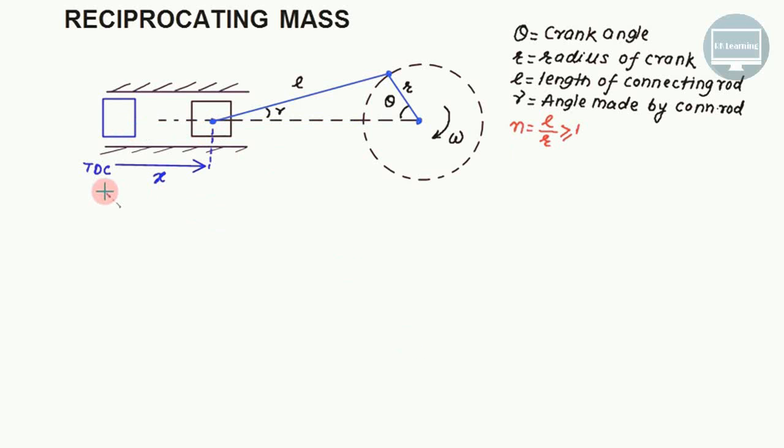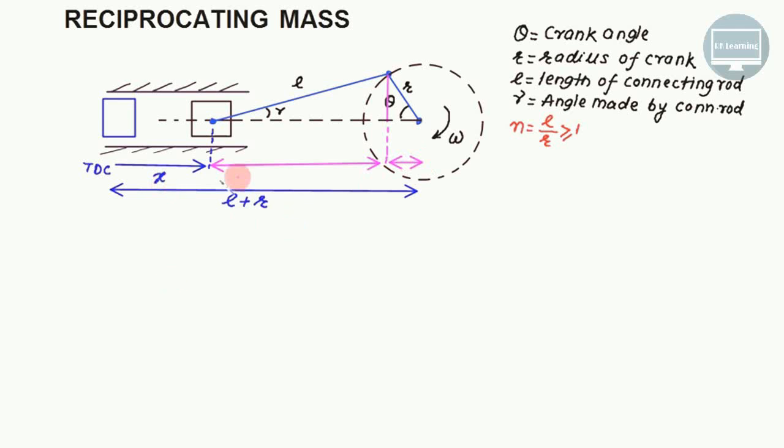The distance between TDC and the crank center: if extended, r will come here and L will go this side, so this total distance is L plus r. I want to find this distance x. For this purpose, I will draw a perpendicular from this point and extend it to this side. Then this distance plus this distance is the same as L plus r.